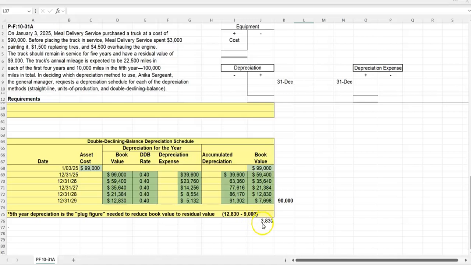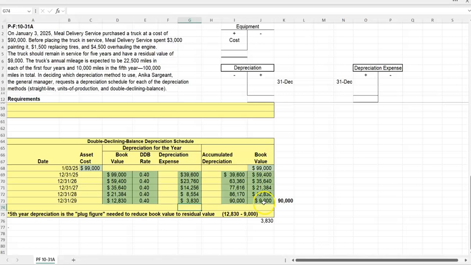In this last year, the most that we can depreciate is $3,830. So we'll put in that number, $3,830. And you'll notice the formula comes across. The accumulated depreciation is now $90,000, and it leaves us our book value of $9,000.